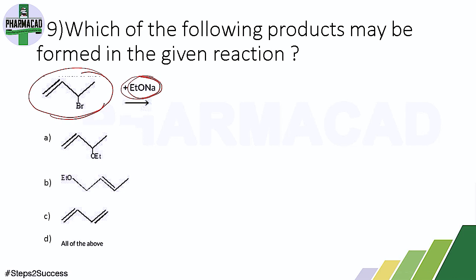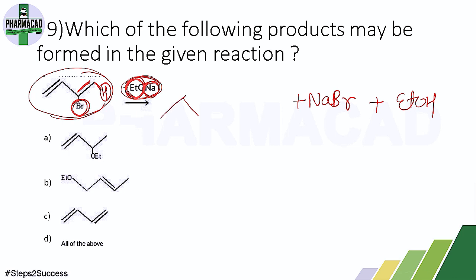Simply this Br gets attached to Na and moves out as NaBr, whereas the hydrogen from this carbon atom gets attached with this EtO and moves out as ethanol, that is EtOH, and here is formation of a double bond, that is this. So which one is the correct option? Option C.